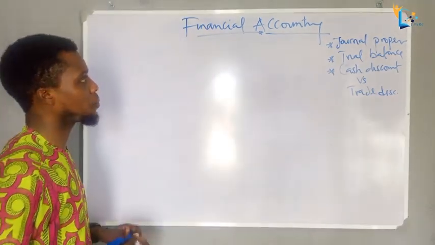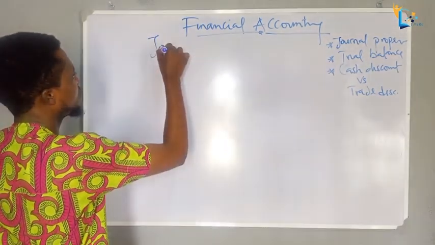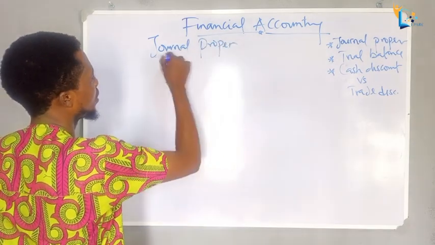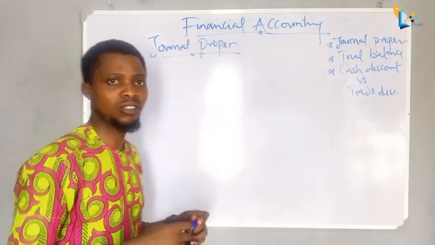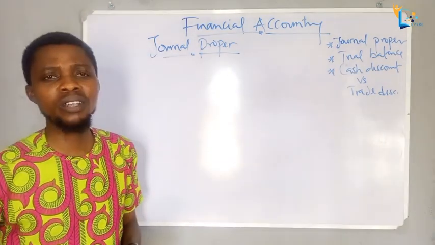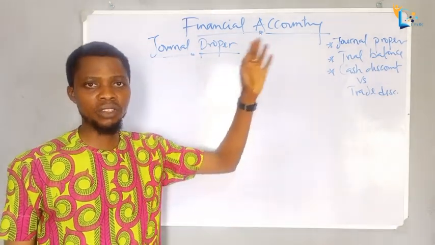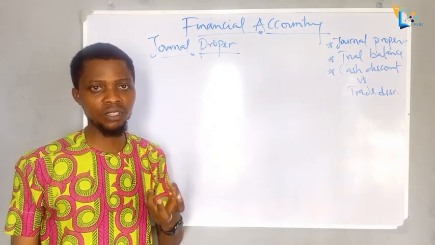So journal proper. What is journal proper? Journal proper is used to record transactions for which other subsidiary books cannot accommodate.